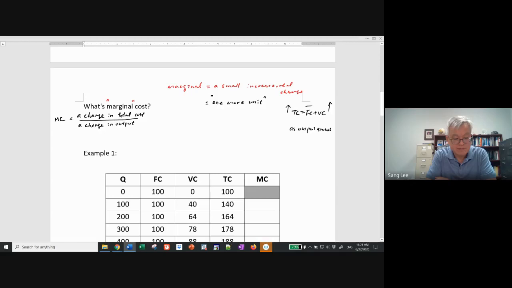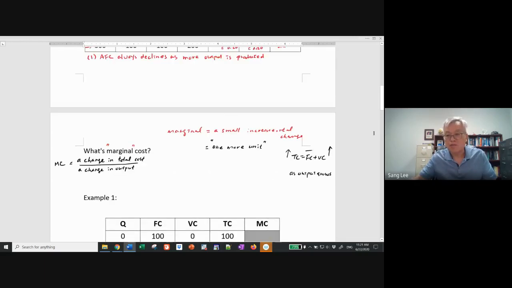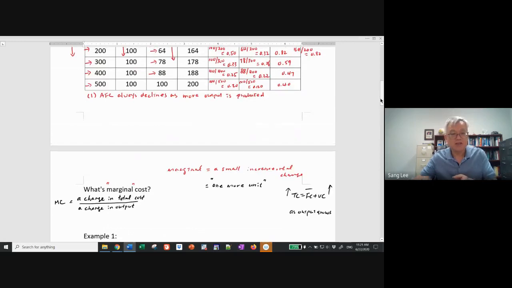All right. So first we're going to learn how to compute marginal cost. Before we do that, let me just write down another important finding: variable cost always increases as more output is produced.